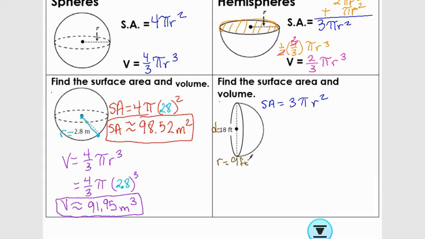When we're plugging into the formula, surface area is 3 pi times my radius squared. We said our radius is 9. When I put that in the calculator, I get that my surface area is approximately 763.41, and that's going to be square feet.